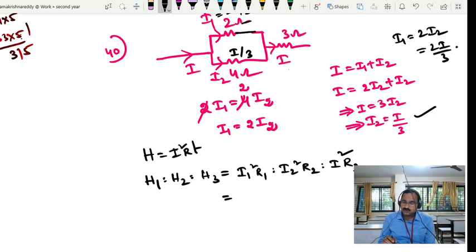I1 square, see the value: 2I by 3 squared is 4I square by 9, into R1 value 2. Next, I2 square into R2: I by 3 whole squared, I square by 9, into R2 value 4. Next, I square into R3 is 3.